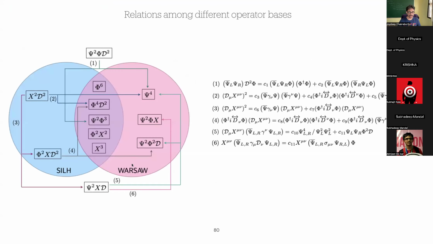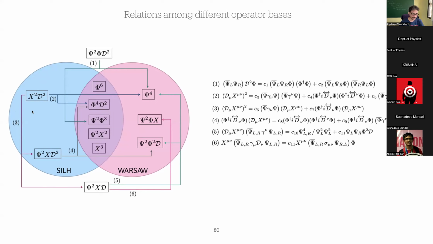Yeah. So this is a nice pictorial demonstration of how to go from one basis to another and how they're related. This is the basis where you are working in a strongly interacting light Higgs basis. And why is this basis interesting? Because whether you talk about Higgs physics, there are a lot of observables you can design, and sometimes from the experimental point of view, some of the signatures are very prominent in terms of SILH operators compared to the Warsaw.